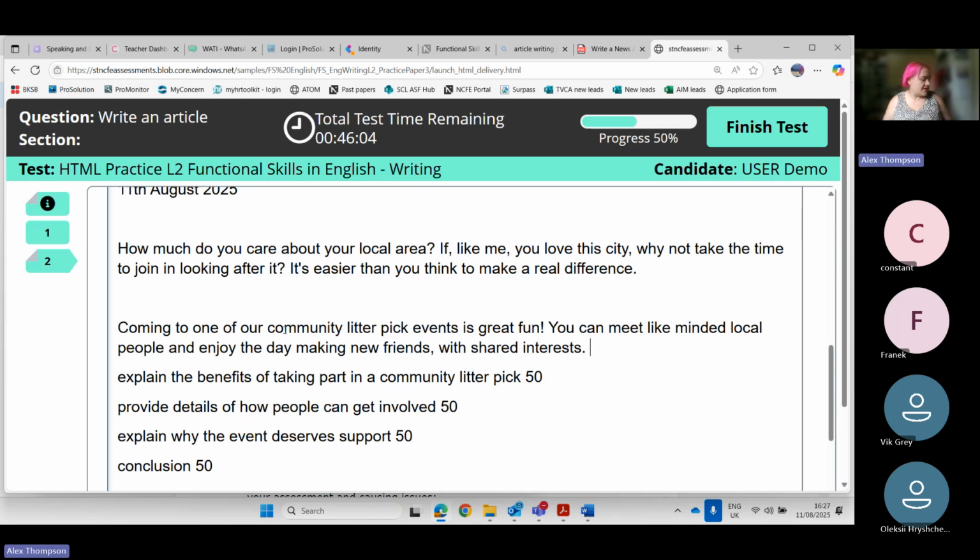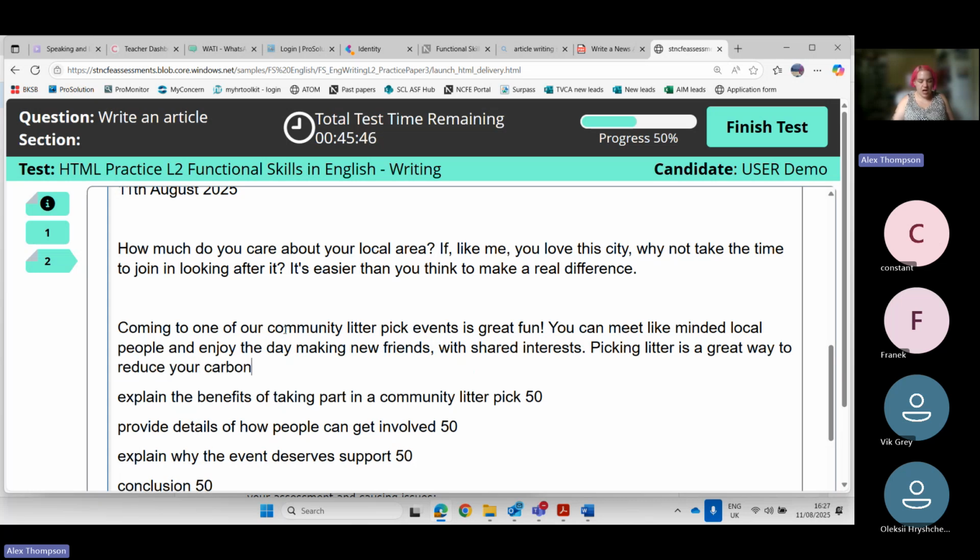We also said you can reduce your carbon footprint. So I'm going to add in a statistic. It does not have to be true. So picking litter is a great way to reduce your carbon footprint.